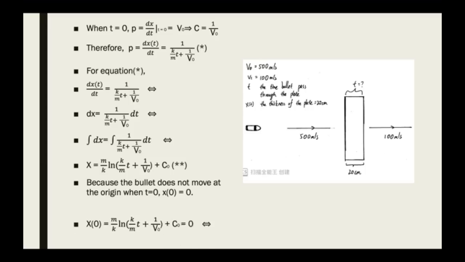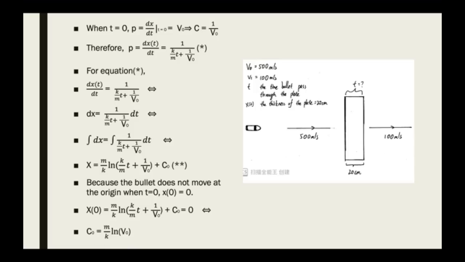So we can set this equation equal to 0 when t equals 0. After solving this equation, we can find the constant c0 equal to m divided by k log v0.